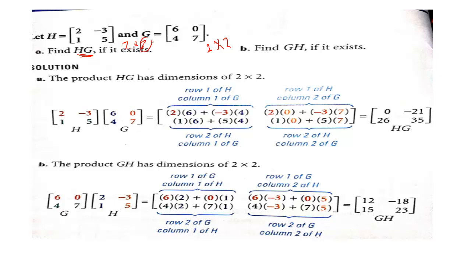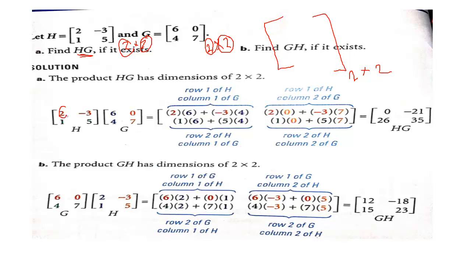The number here is 2, and the number here is 2, so the multiplication between these matrices can be done. And the product is the first number of the first matrix and the last number of the second matrix, so 2 times 2. So let's see.